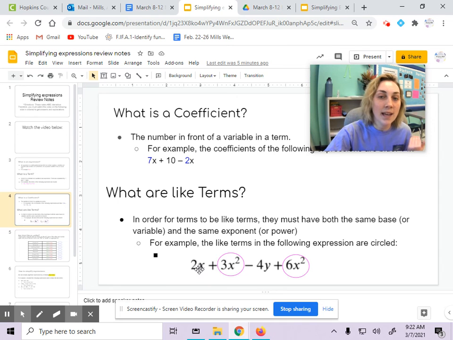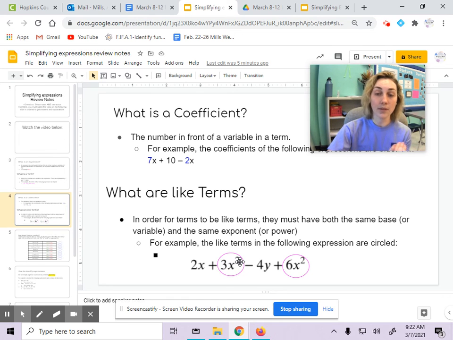It has to be x squared in order for it to be a like term with 3x squared and 6x squared. And then 4y, of course, is not going to be a like term because it doesn't even have the same variable. It's y instead of x. So 3x squared and 6x squared have the same variable and exponent, making these the like terms.